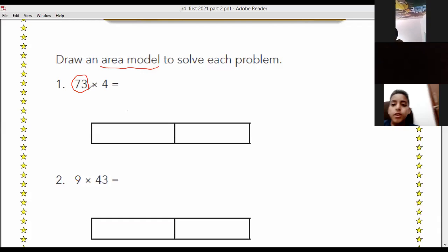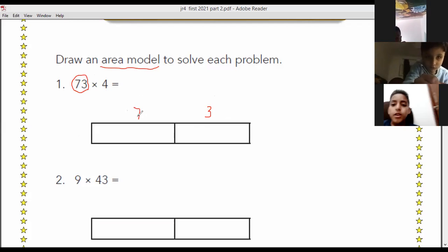That means I want to decompose. When I decompose 73, I decompose this one into ones and tens. So what do you have in ones and what do you have in tens? In ones we have 3. Yes, in ones I have 3. So here up, I'm going to write 3. And in tens? 70. Yes, 7 in tens equals 70.